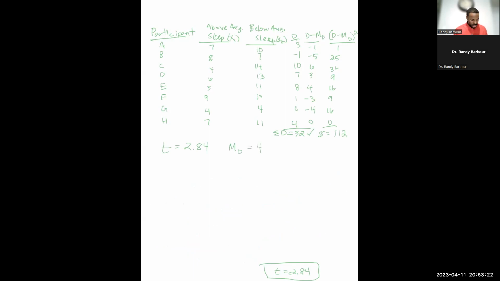My sums of squares and my variance and my standard deviations. My standard deviation was 4. And I'm going to need my degrees of freedom, which is 7. All right, so again, when we do my Cohen's D, my estimated D.